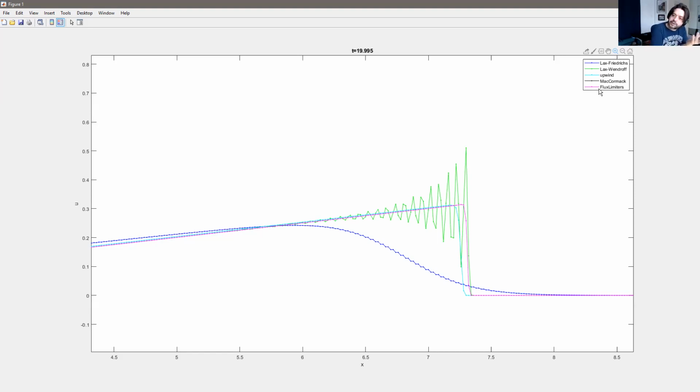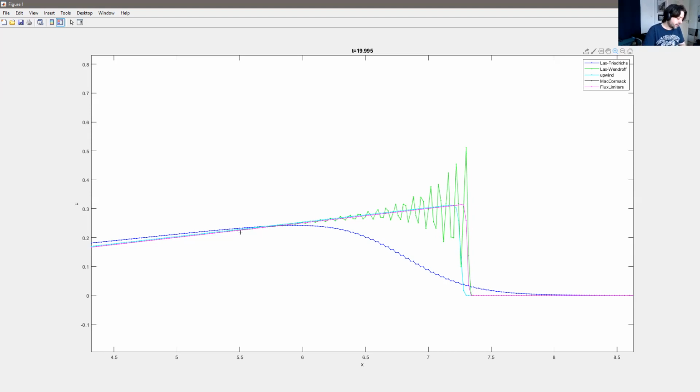And in those regions where you don't have discontinuities, where you don't have wiggles appearing, you would use the high order Lax-Wendroff scheme. Overall, you get a very nice reproduction of the exact solution, which of course is not shown, but you need to trust me that the pink one is more or less the exact solution here.